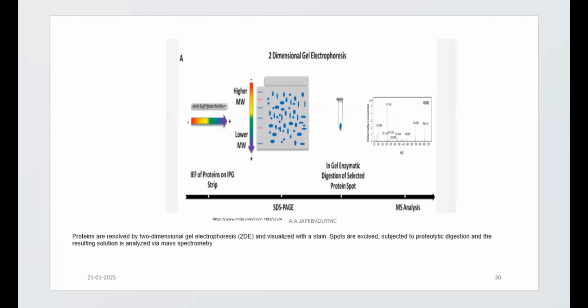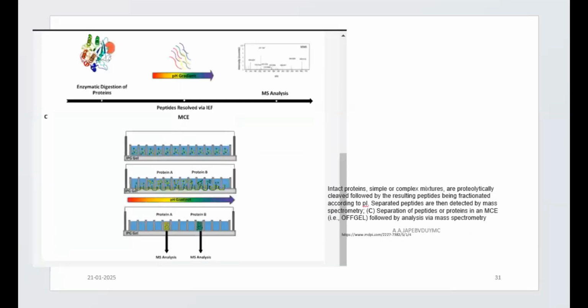And a further advanced method is referred to as multiple channel electrophoresis. Here you have enzymatic digestion of proteins, then you go with the pH gradient, that is isoelectric focusing, and then it goes for MS analysis. But in addition to this, you can go with the MCE technique, where you separate the two proteins as two separate bands, and they are fractionated according to their pI.